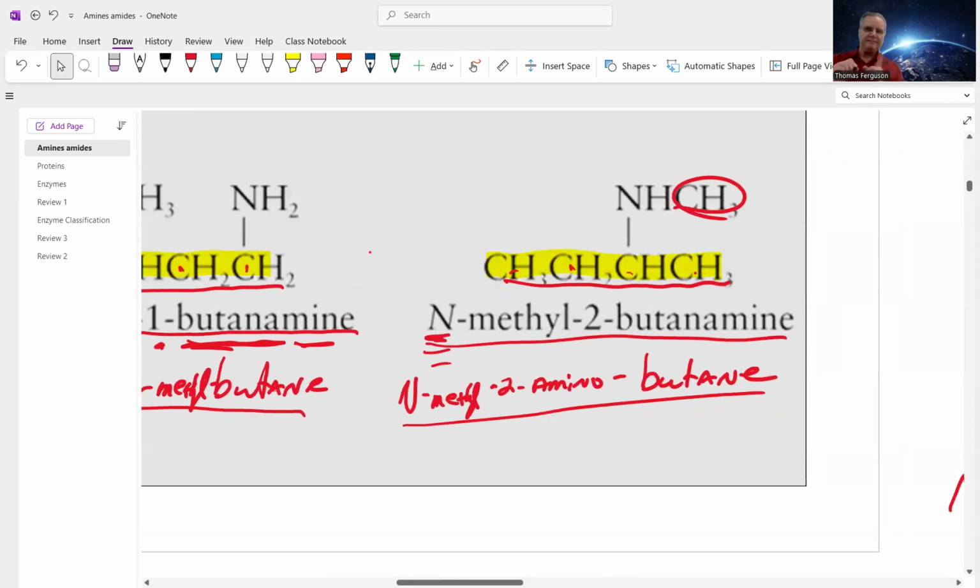Now, what's different about having a nitrogen in there is you can have a branch off the nitrogen as well. We were talking about alcohols and all that other stuff. There was no branching off that, but nitrogens would have a branch.